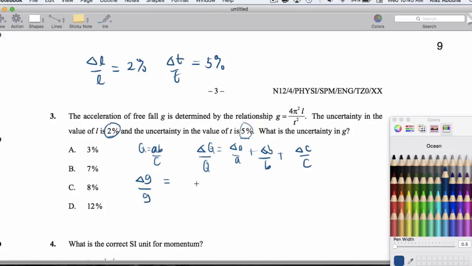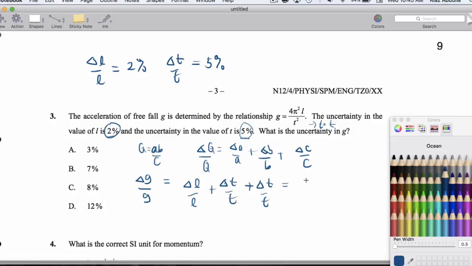So if I want the uncertainty in G, I'm looking for delta G over G, and that's going to be delta L over L plus, now this is T squared. Well, T squared is the same as T multiplied by T, so I'm just going to add those uncertainties together.